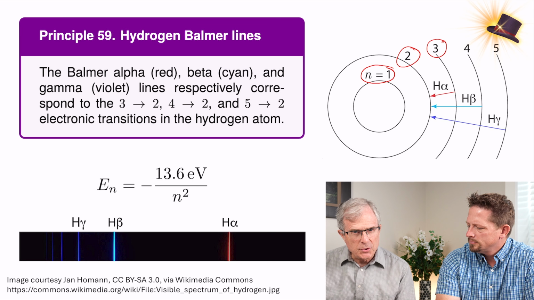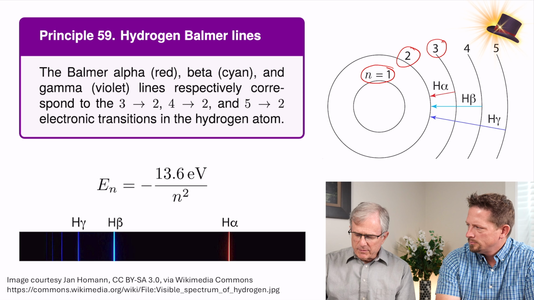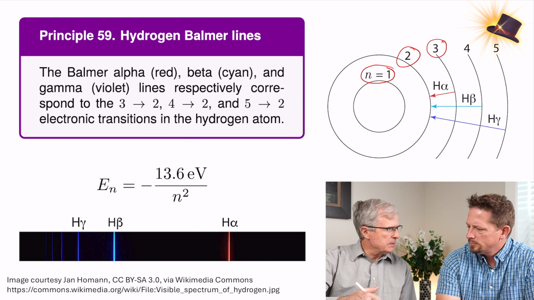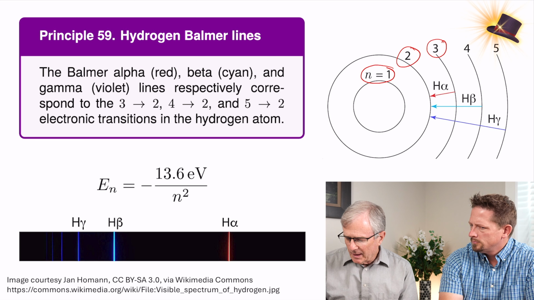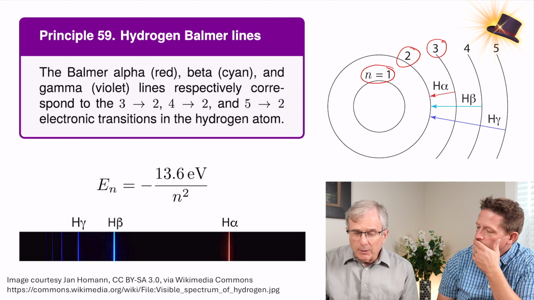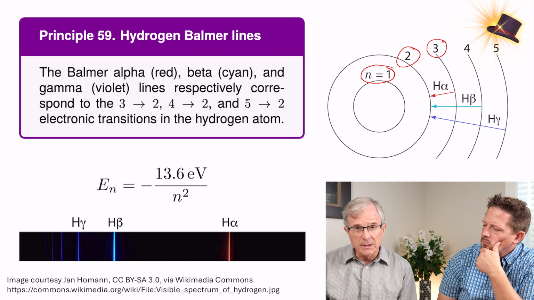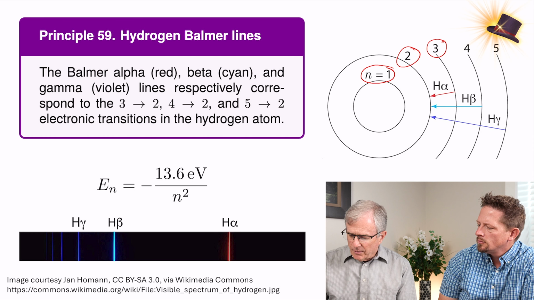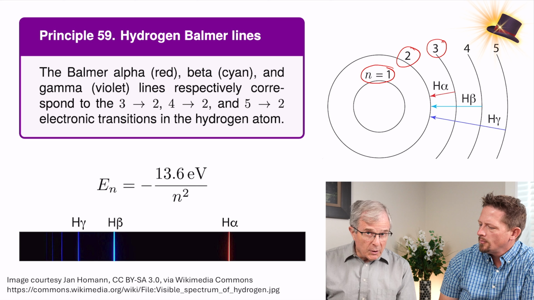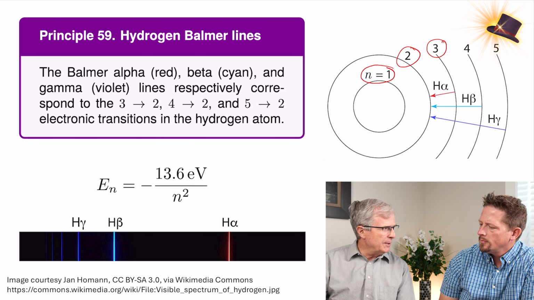It's just an integer. N equals 1 gives the lowest possible level, called the ground state of the hydrogen atom, and n equals 2 gives the first excited state, etc. There are an infinite number of transitions between all these levels because n goes all the way to infinity.